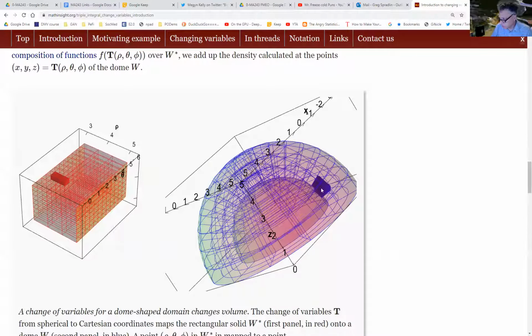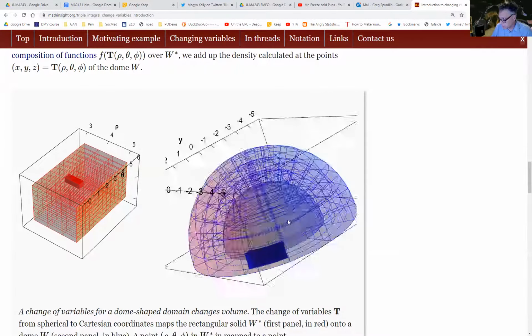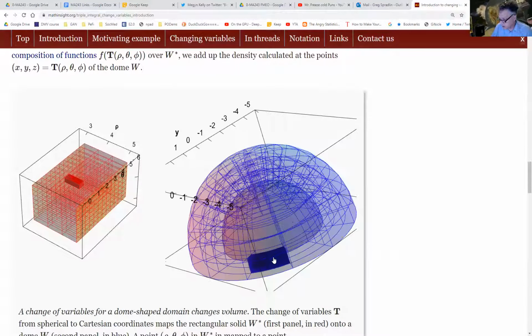Now the rho dimension of the boxes is always the same. It's always delta rho, but the other two dimensions change. The dimension along the latitude line changes. It's proportional to rho.